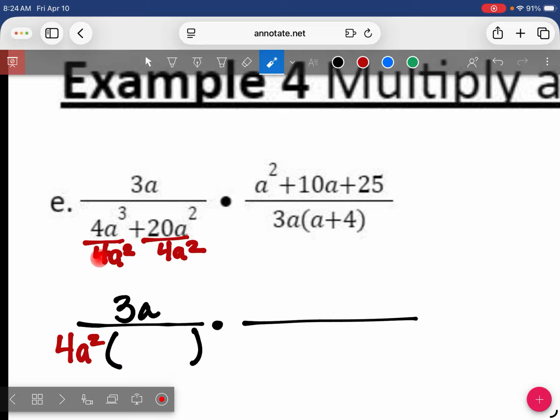So 4 divided by 4 is 1. Remember your exponent laws. I have 3 upstairs and 2 downstairs. When you subtract, you're left with 1, and that 1 is going to stay upstairs. Plus 20 divided by 4 is 5, and your a squared is canceled.